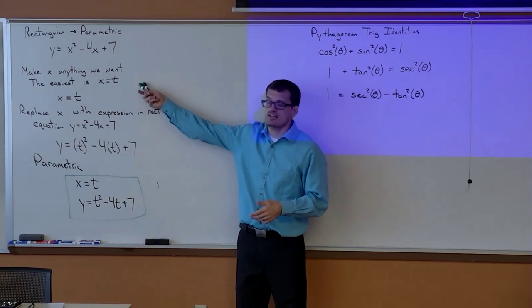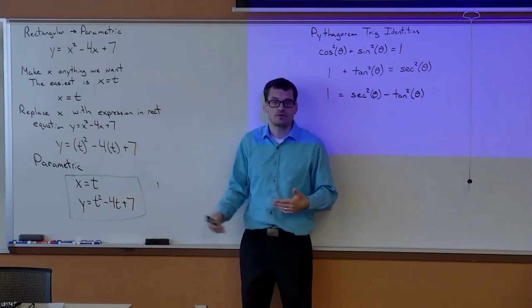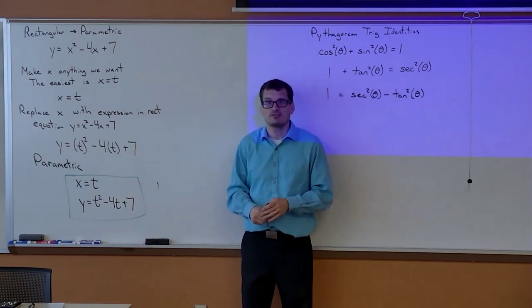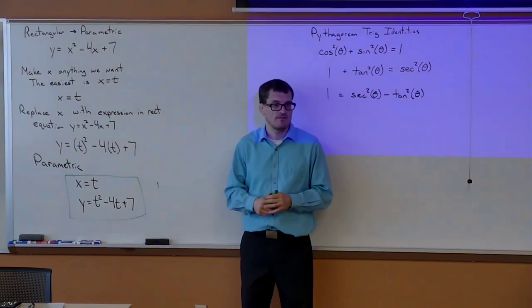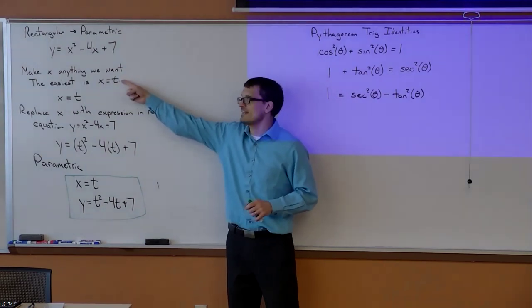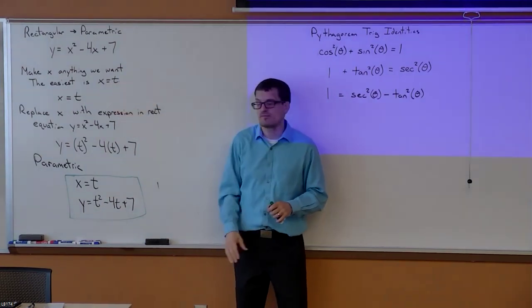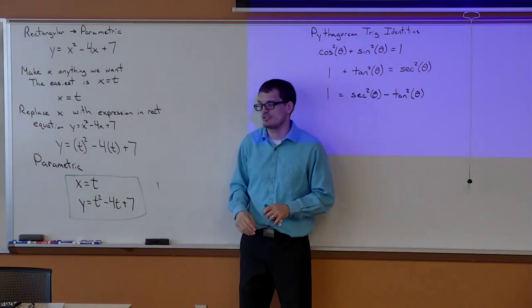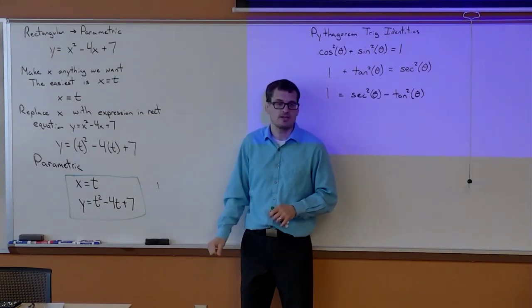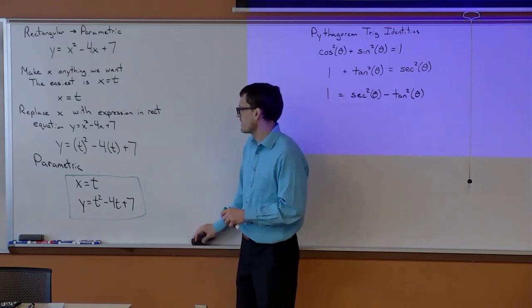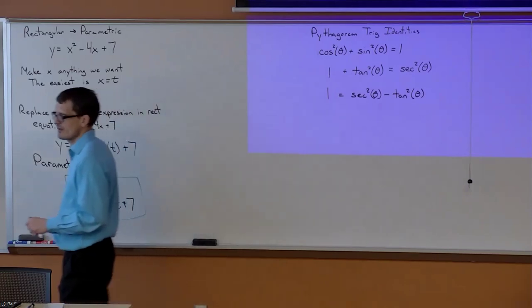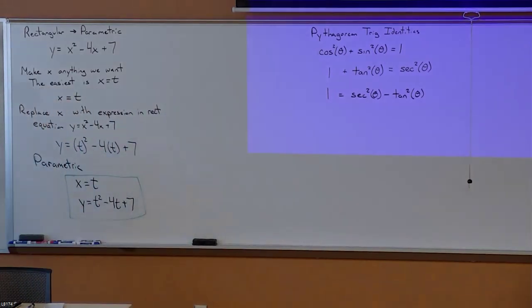You could have let our x be 2t, or 3t, or 4t, or 2t minus 1, or 2t minus 6, or 2t plus 4, right? You could have let your x be anything. So you get lots and lots of options for parametric pairs of equations. But generally speaking, the easiest direct substitution is just letting x equals t.